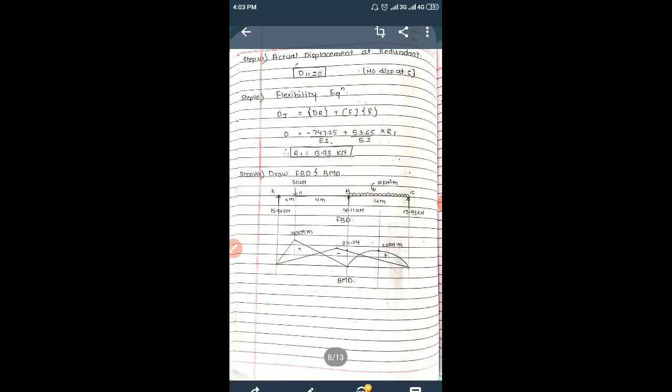The last step is drawing the shear force and bending moment diagram. Here we are supposed to find the bending moment diagram. Using the principle of superposition, we find the bending moment diagram. This 40 is PAB upon L, and this is WL square by 8.